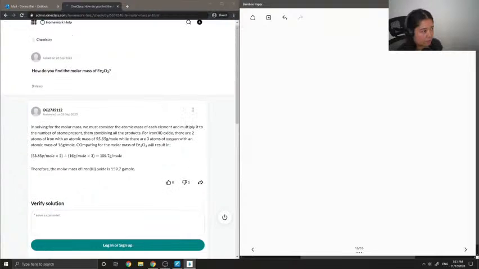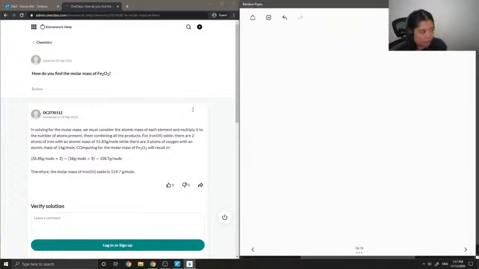Okay, so question 1 asks, how do you find the molar mass of iron oxide? Okay, so to find the molar mass of Fe2O3, I need to find out what my atomic masses for both iron and oxygen are.